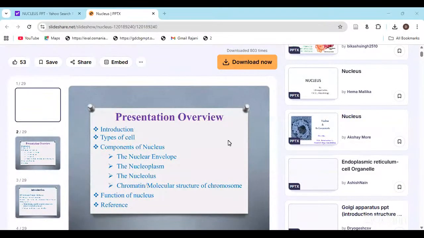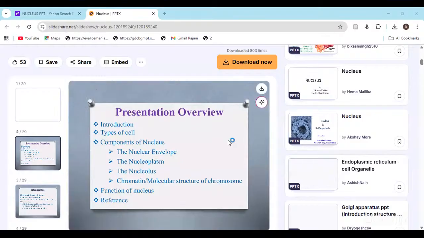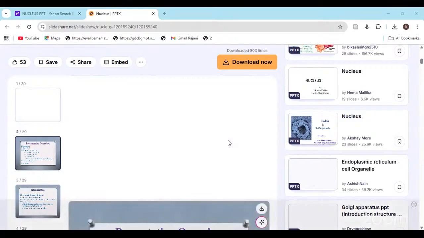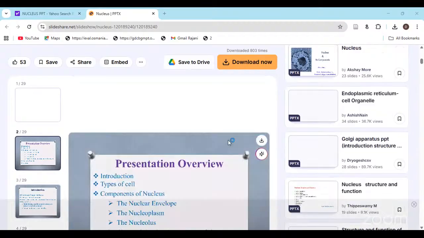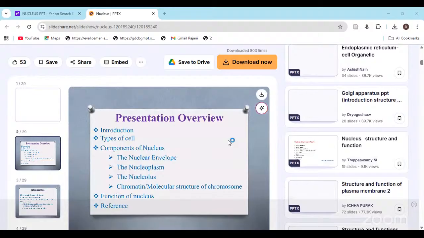Overview of the introduction of the nucleus and types of cells, and the components of the nucleus: the nuclear envelope, the nucleoplasm, the nucleolus, and chromatin.